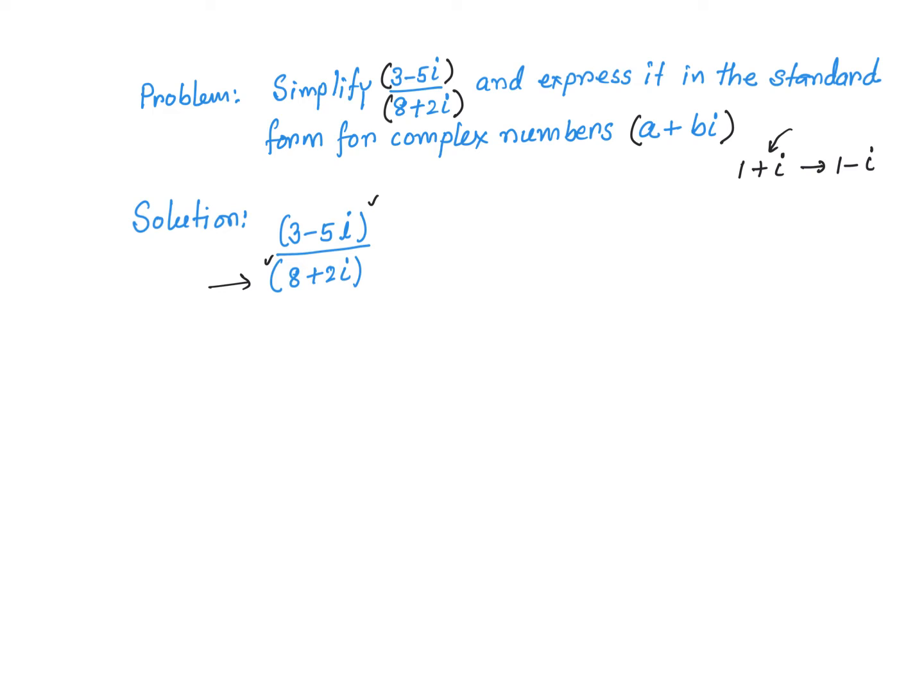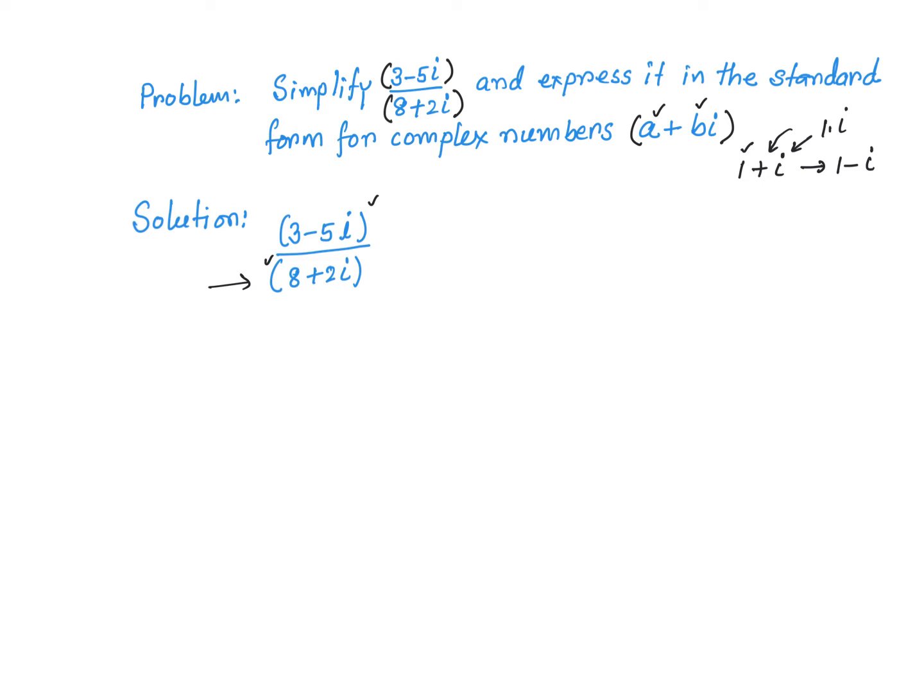As you know, in a complex number, there is a real part, like in a plus bi. A is the real part, b is the imaginary part. In this case, the real part is 1 in 1 plus i, and the imaginary part is also 1 because i is the same as 1 times i. So you take the sign of the imaginary part and you switch it. If it's positive, you convert it into negative. If it is negative, you convert it into positive.